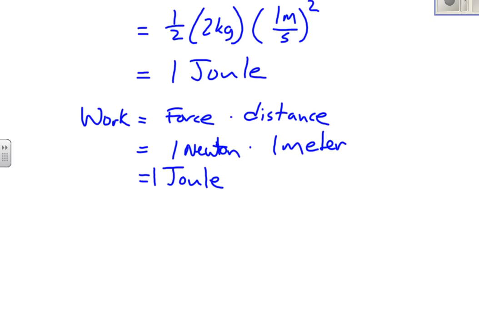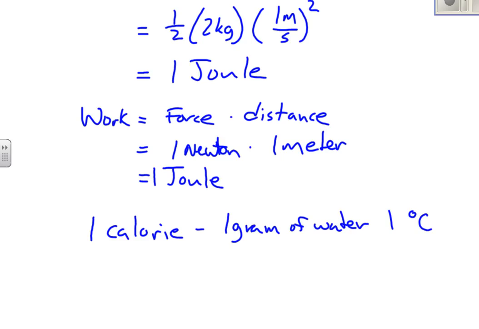The other common unit that we have for energy is the calorie. A calorie is defined from a heat standpoint, and that 1 calorie is the amount of energy it takes to raise 1 gram of water 1°C.